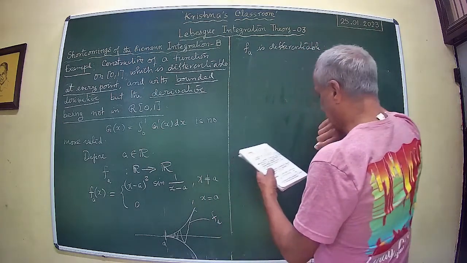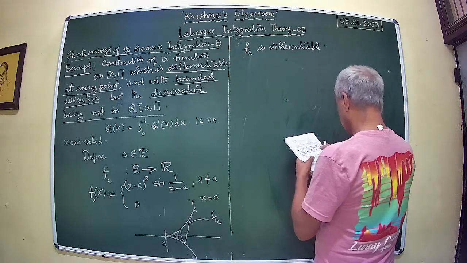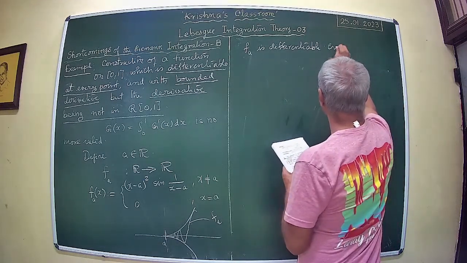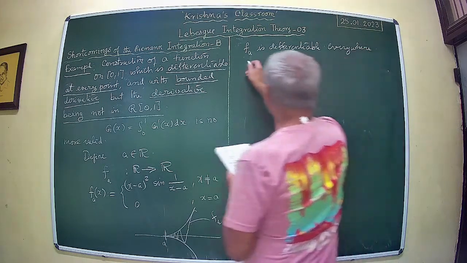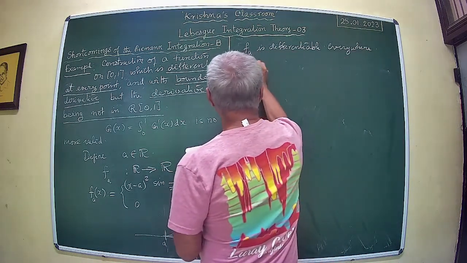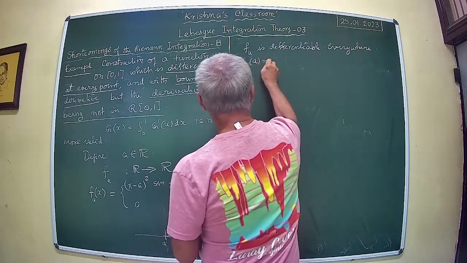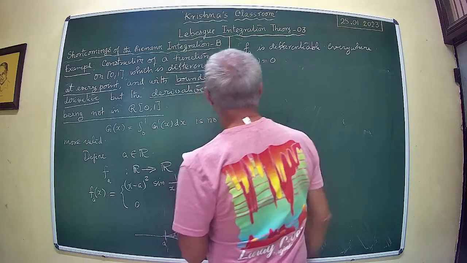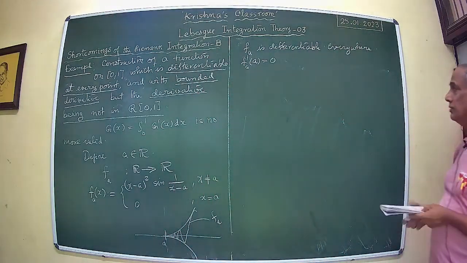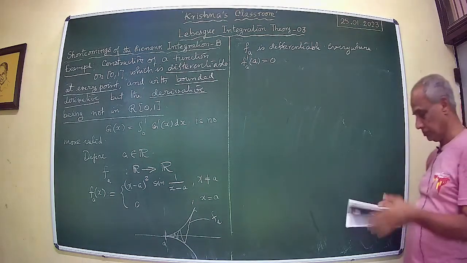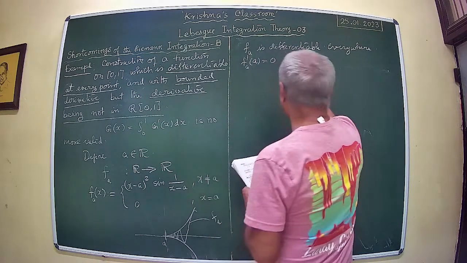At f_a(0) is 0 and differentiable everywhere. You can easily show that f_a(0) is 0, f_a(a) is... f_a derivative at a is 0 and f_a(a) vanishes.